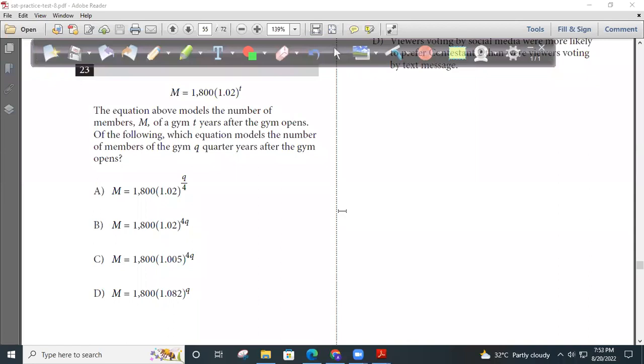Your time starts now. Exponential function word problem.